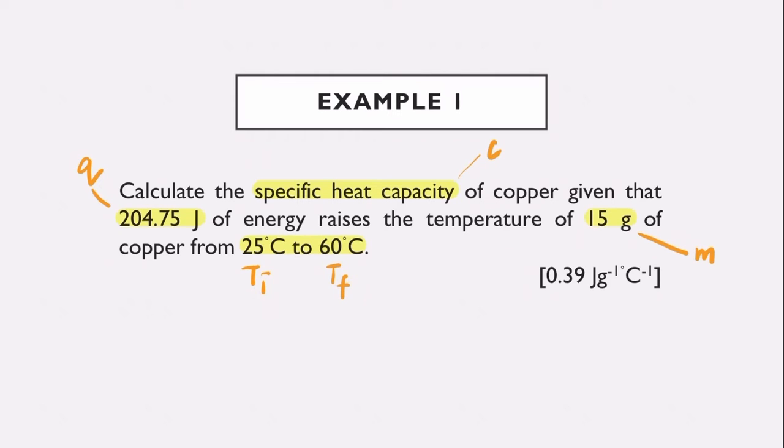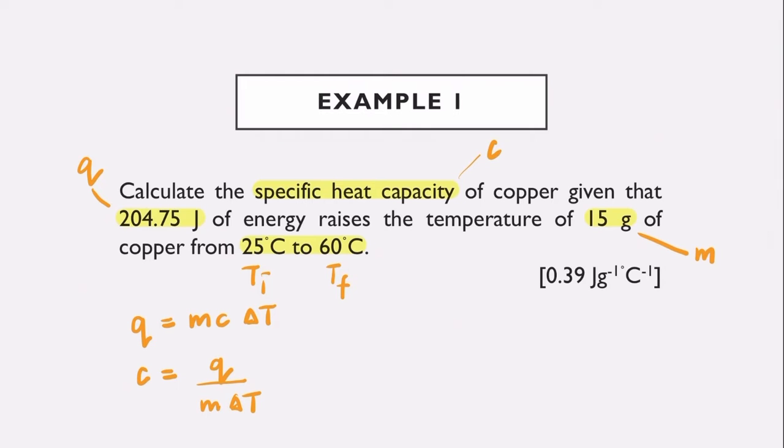So right here, we want to find the specific heat capacity. Using the formula Q equals mc delta T, we can rearrange the formula to find specific heat capacity. So Q over m delta T, right?